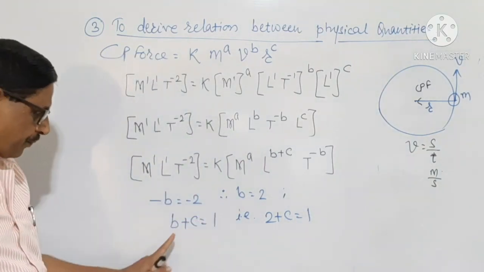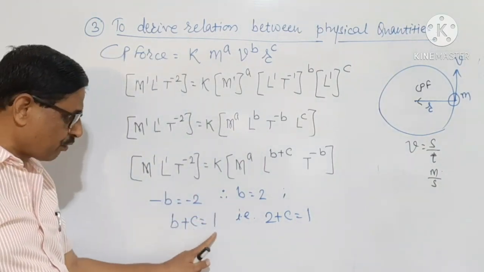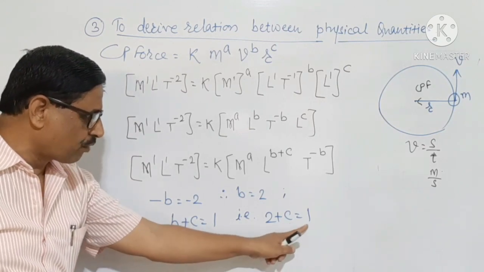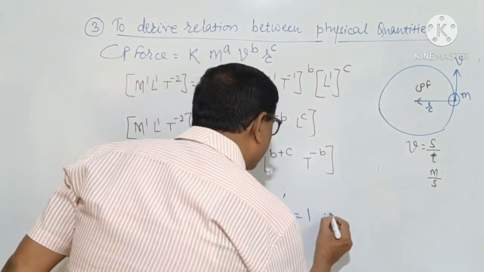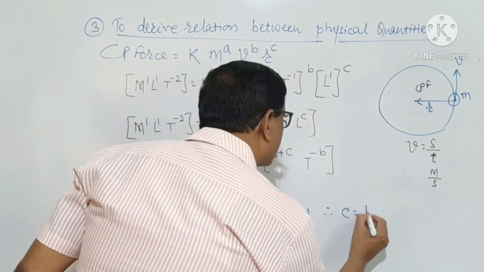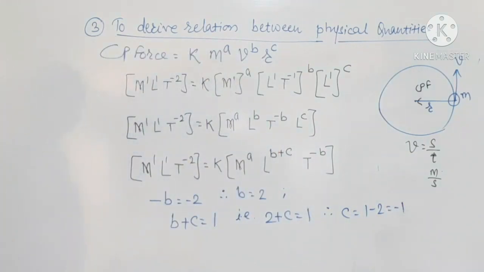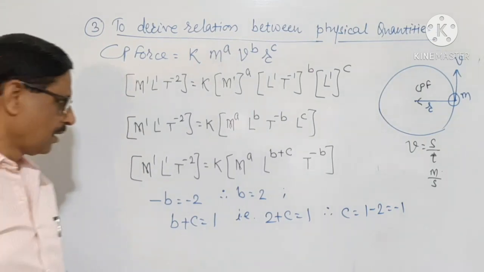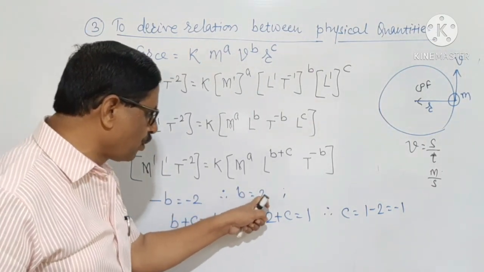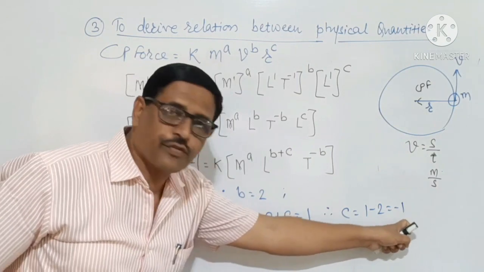As b is 2, 2 plus c is equal to 1. Therefore, what is c equal to? 1 minus 2, it is equal to minus 1. This is b equal to 2 and c equal to minus 1.